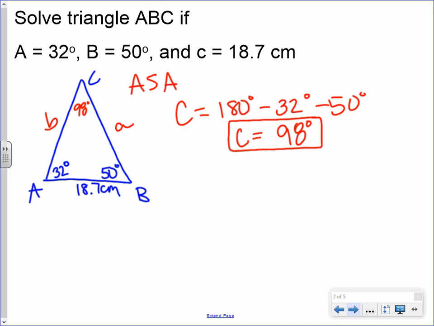Now at this point we can start to find the sides. Does it matter which side we find first? It does not, because they both have angles that are across from them that we know.